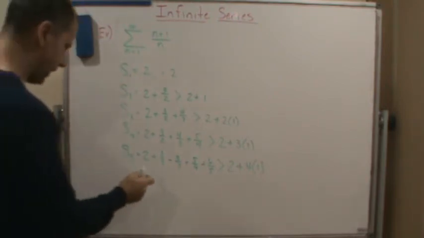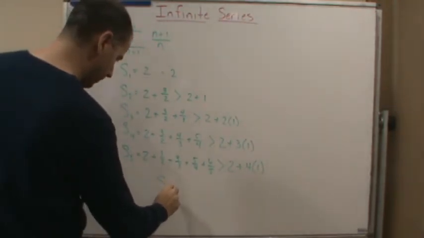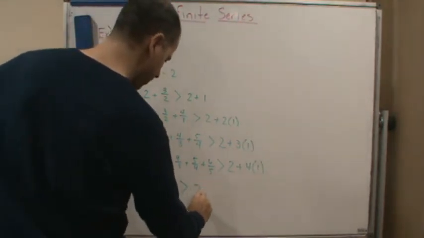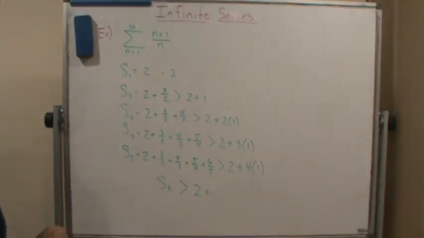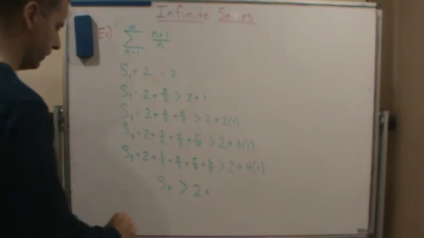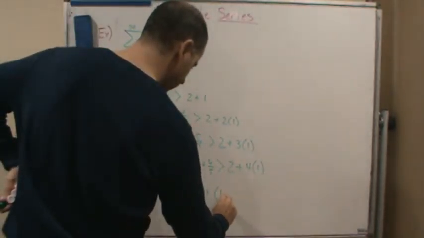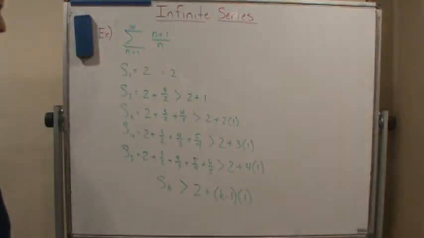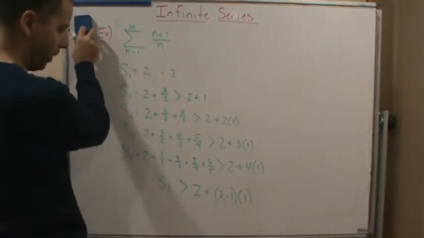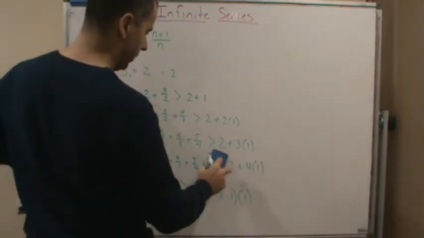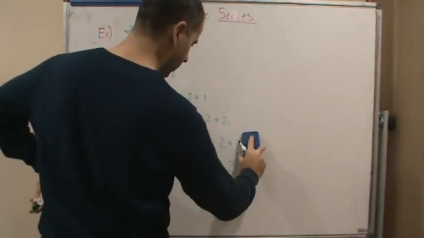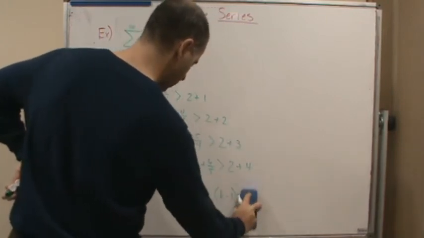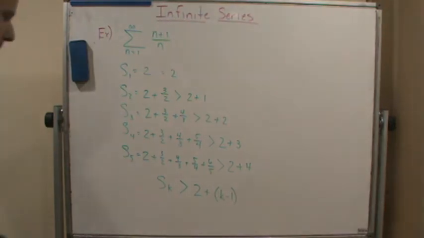In fact, if I write S sub k, I could say that S sub k is going to be bigger than 2 plus k minus 1 times 1, which basically is just k plus 1, right? So this is just going to be for all positive k, right?